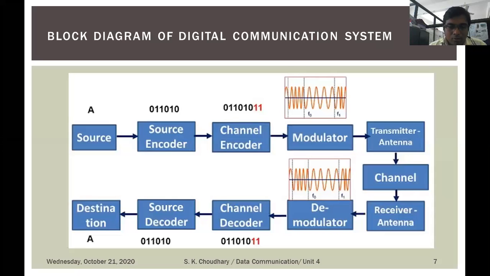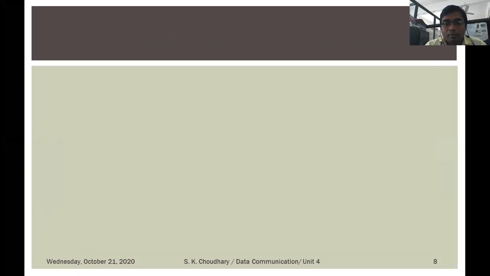You can also see from this block diagram that in the transmitter section, the source encoder is applied first and then the channel encoder. But in the receiver section, channel decoding is first and then source decoding. Here we are adding the redundant bits, and here we have removed them.